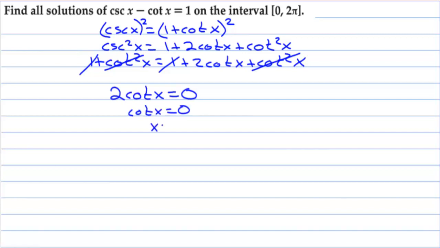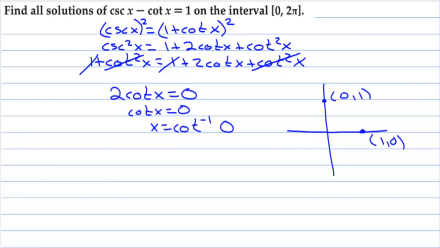Now I want to know where on the unit circle is cotangent 0. If you have to draw a unit circle to do that, so be it. Whatever you have to do to get the job done. So here, and these are the ones that we need, the ones where a 0 appears in the points. And so there's the 4 possibilities.